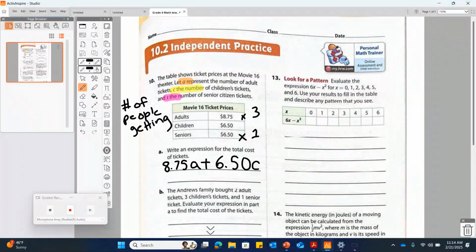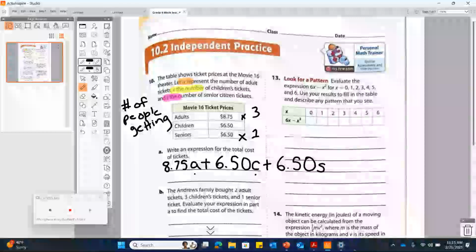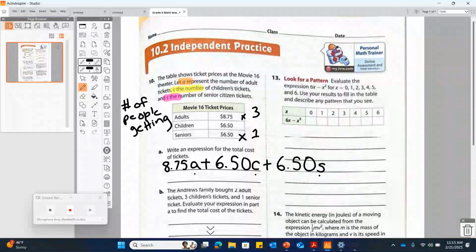It's going to be the same thing for seniors. So again, I'm going to take the number of adults that I have, multiply it by 8.75. I'm going to take the number of children I have, multiply it by 6.50. I'm going to also take the number of seniors I have, multiply that by 6.50, and add them all together.